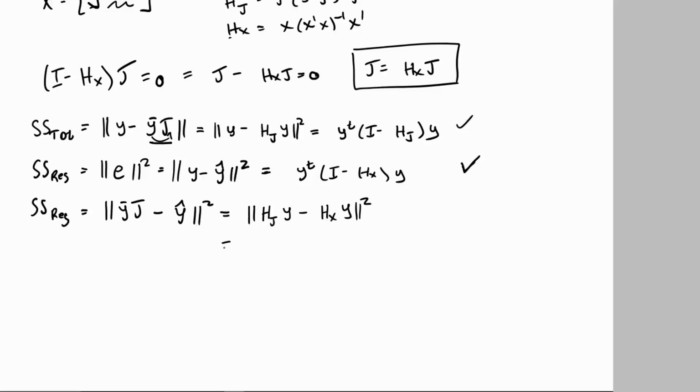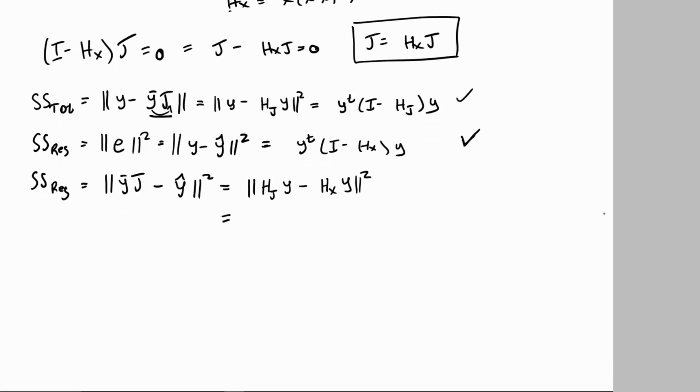Let me work with this term a little bit. I'm going to write this as y transpose times hj minus h of x, times hj minus h of x. And I don't have to worry about the transposes for those terms because both hj and h of x are symmetric.